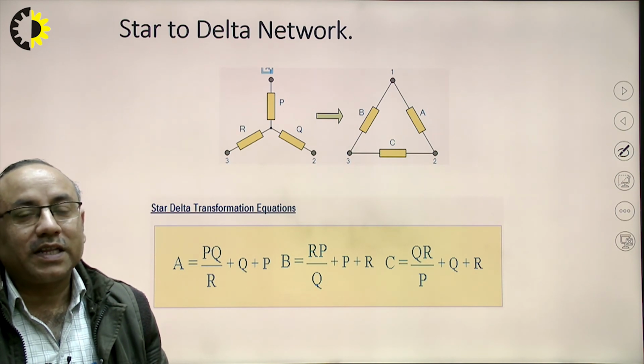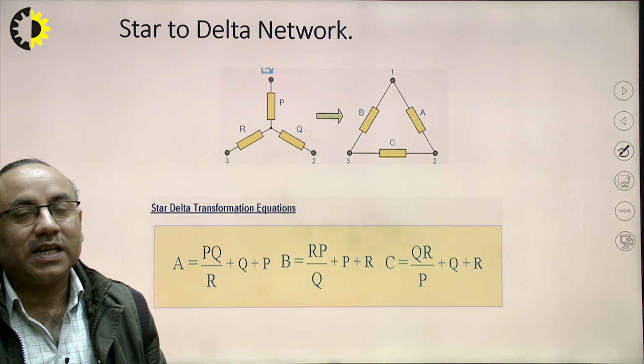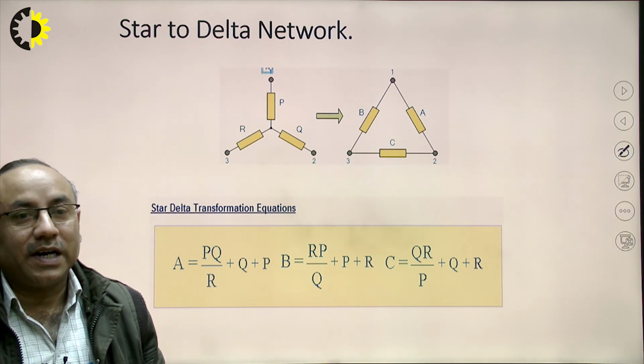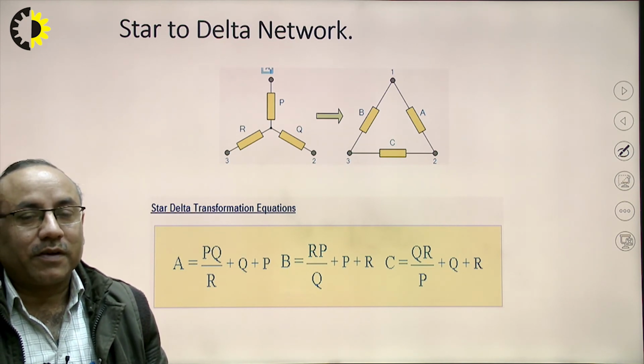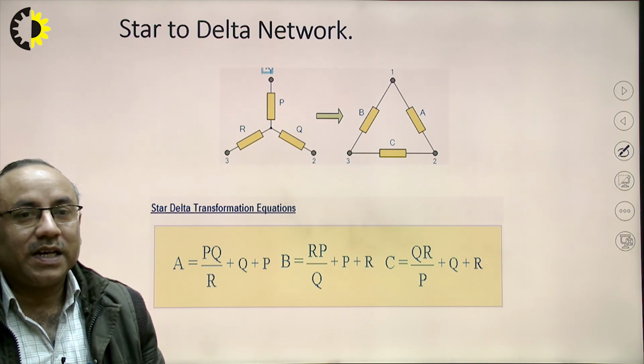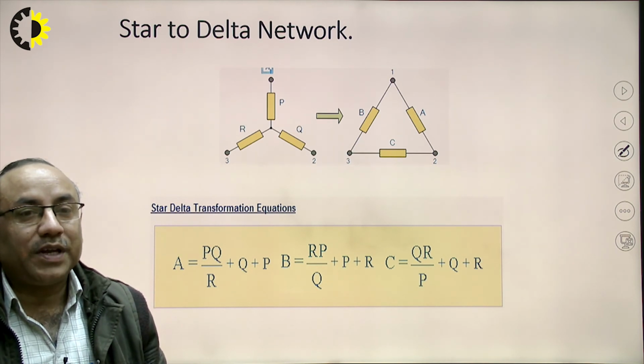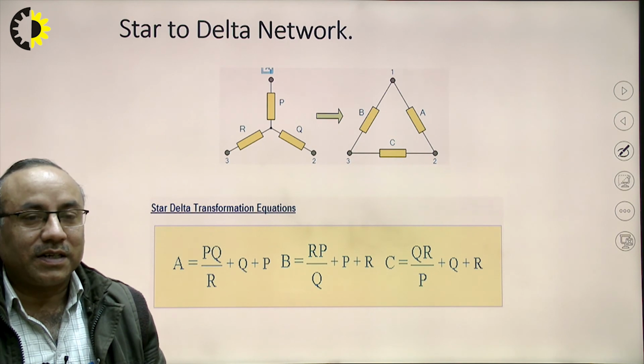So, we are getting three resistances A, B and C which are connected in delta, and the formula for this means what are the values of A, B and C in terms of P, Q and R that we can find. So, these values are given as written in this equation.